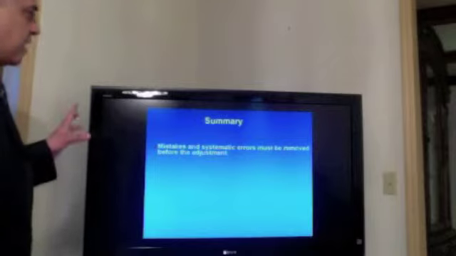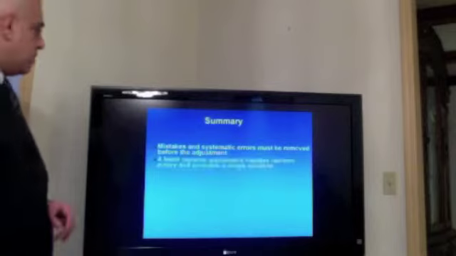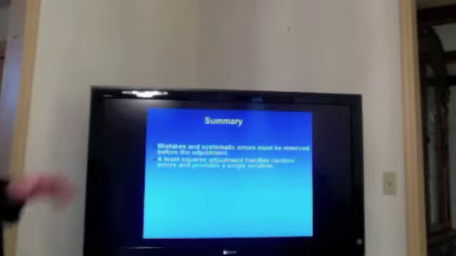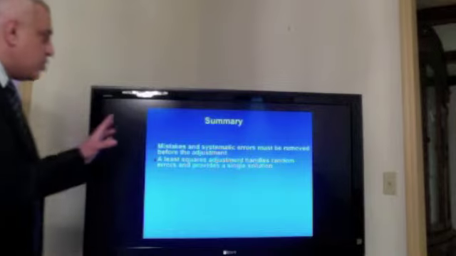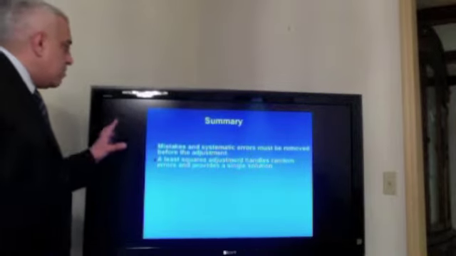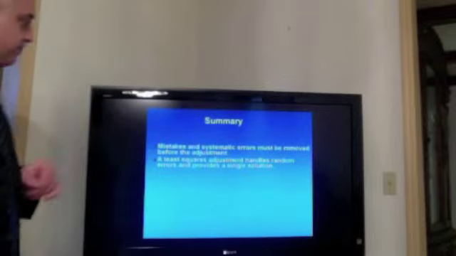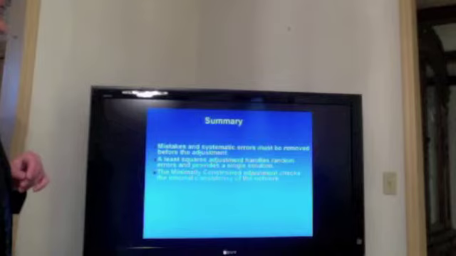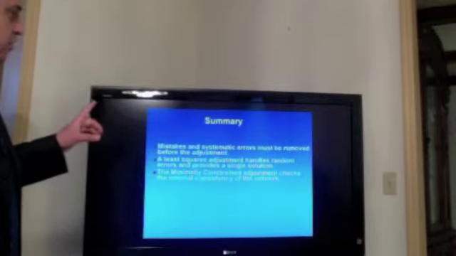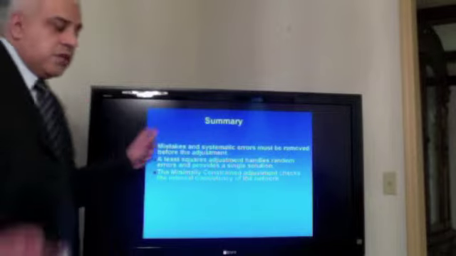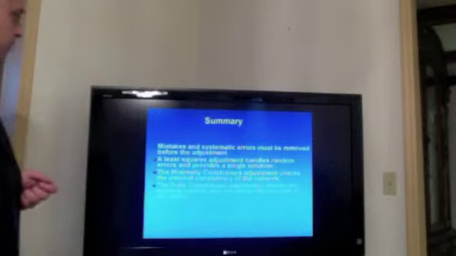So mistakes and systematic errors must be removed before the adjustment. And I'm reminding you also that a least squares adjustment handles just random errors and provides a single solution. The minimal constraint adjustment checks the internal consistency, as I told you, the rigidity, the consistency of the figure itself.